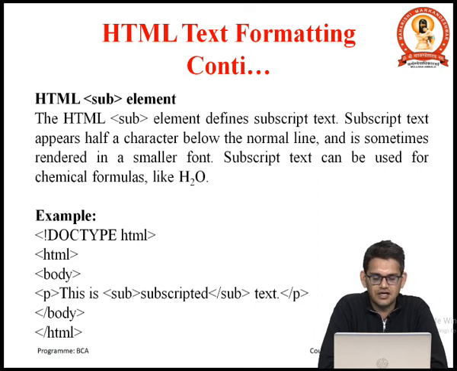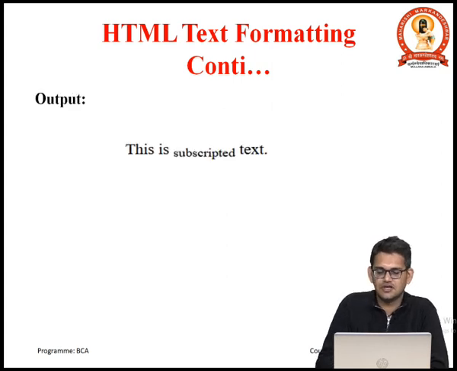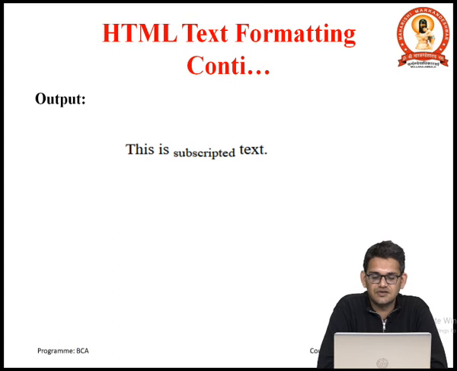We are basically adding a subscript to the base of is, because you can see this is the normal text, and in the subscripted word we have used the sub tag before it and we have closed it. So, it means that the subscript would be added in the base of is, right. So, let us see an example. You can see the example that the subscript would be added within the base of is.